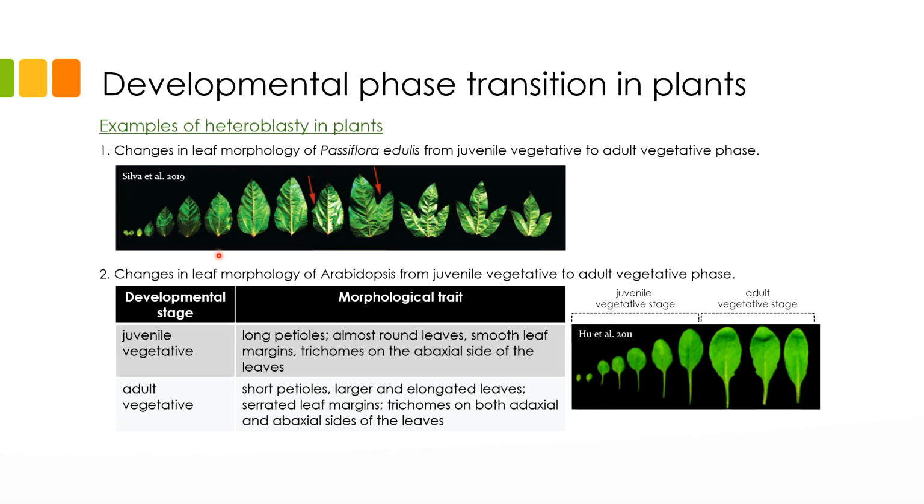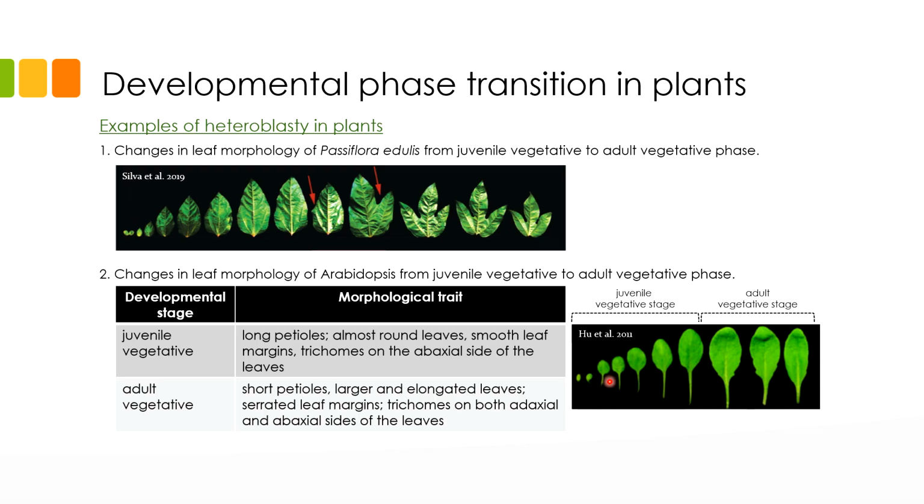Another good example of heteroblasty is the changes that can be seen in the leaves of Arabidopsis thaliana as the plant transitions from the juvenile to the adult vegetative stage. At the juvenile stage, the leaves of Arabidopsis have longer petioles. The petioles are the stem-like structures that connect the leaf to the plant.